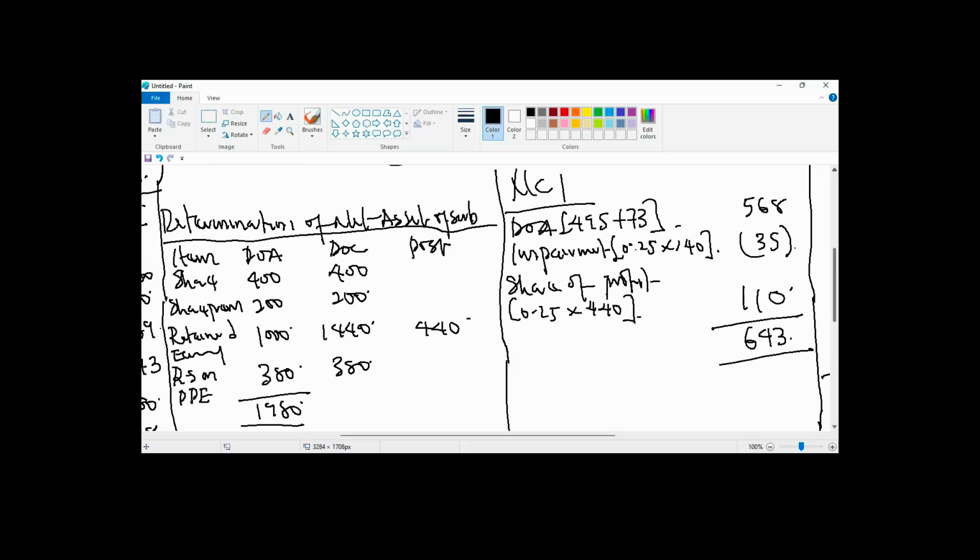Anytime we are given goodwill attributable to NCI, this is how we do it. We add that goodwill attributable to the fair value plus the share of net assets.